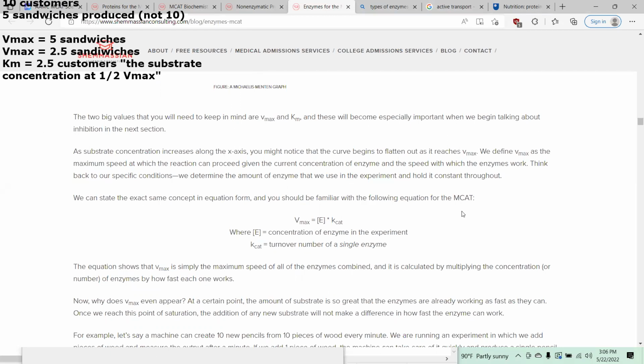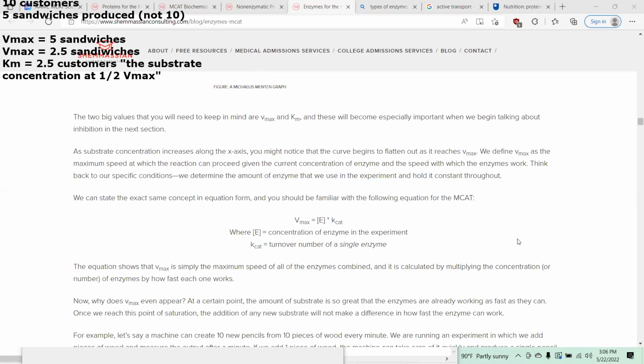And this also makes sense because the more customers come in, the less free sandwich makers there are. So if there's 4 customers and one substrate comes in, he has to go to the one maker that's available. He can't just go to any sandwich maker because not all of them are free. Only one of them is free.